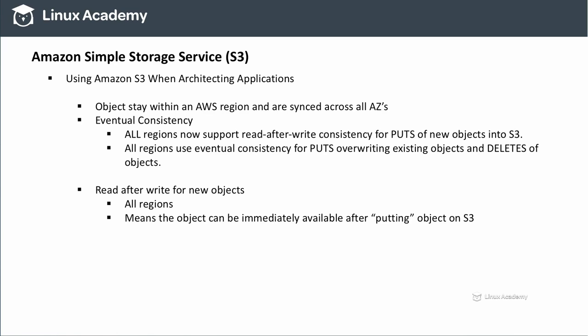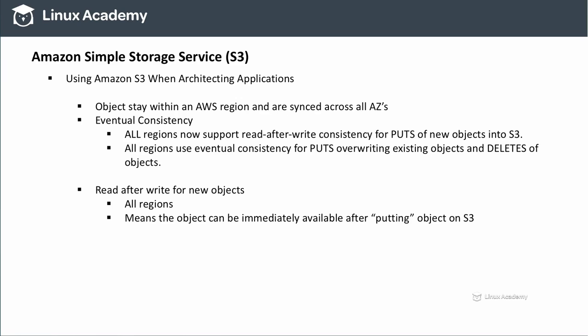That means if you create this object and you turn around and instantly make a request to read the object, regardless of what availability zone is returned on your request, because again, you can't specify an availability zone, you can only specify an S3 public endpoint in your APIs, then your new object will be available. However, eventual consistency does come into account when we're overwriting existing objects and deleting existing objects.